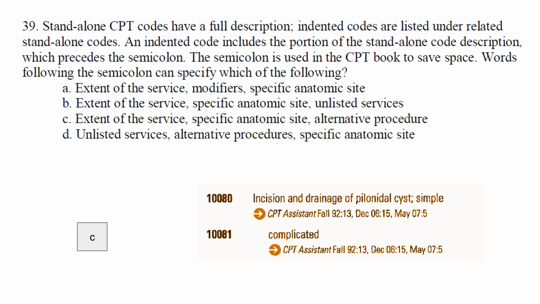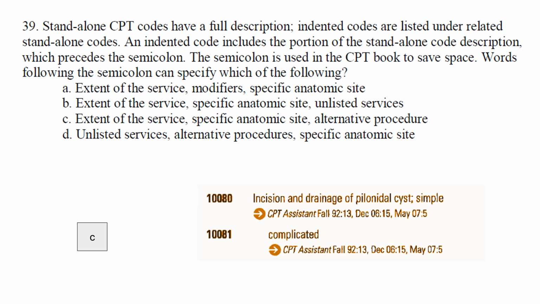The standalone CPT codes have a full description. Indented codes are listed under related standalone codes. An indented code includes the portion of the standalone code description which precedes the semicolon. The semicolon is used in the CPT book to save space. Words following the semicolon can specify which of the following, and then answer C is the correct answer.